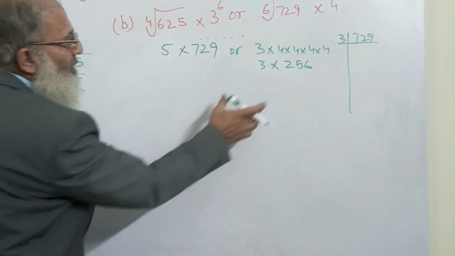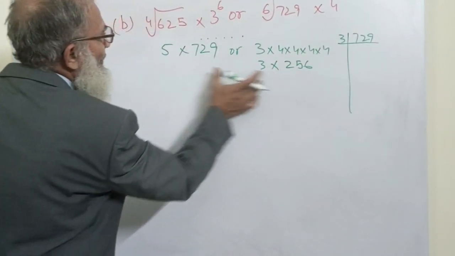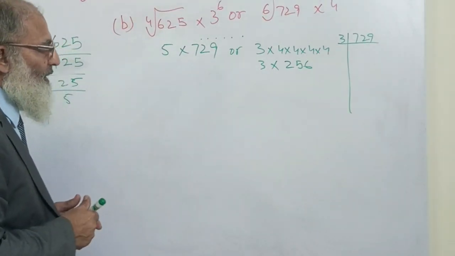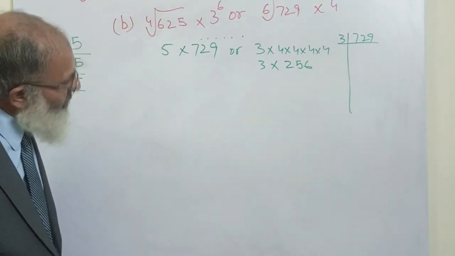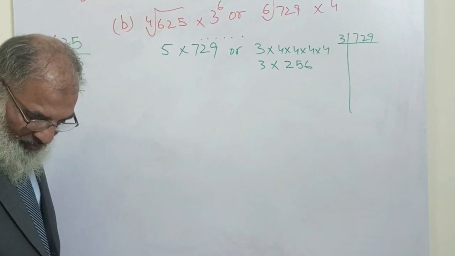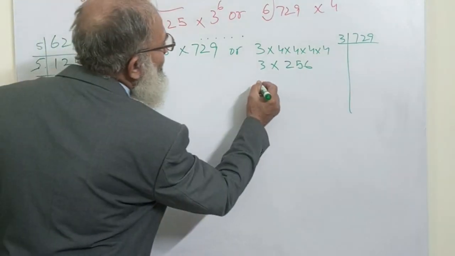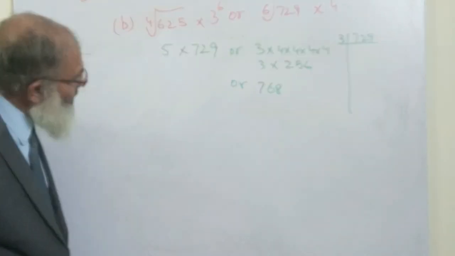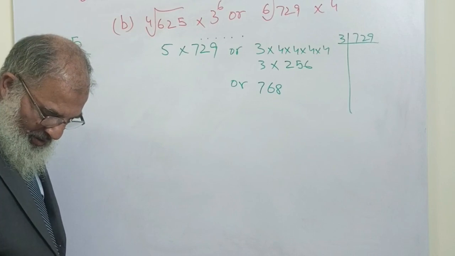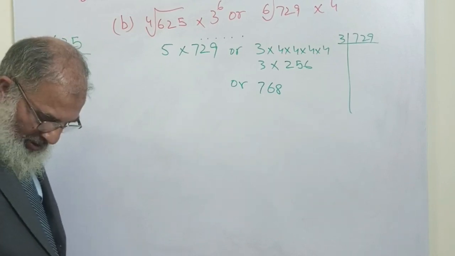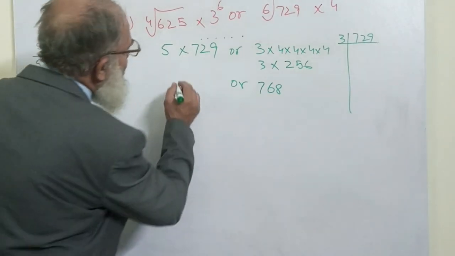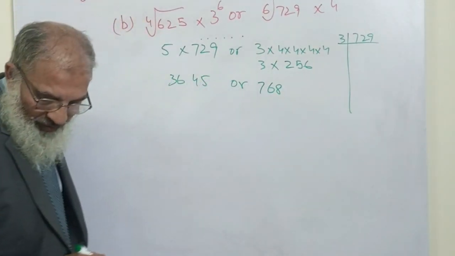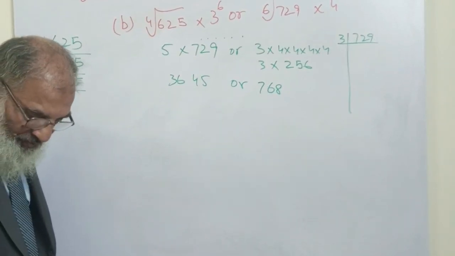Now it is visible that this one is greater, but we still have to find how much. 768, 3645. Just find the difference between the two.